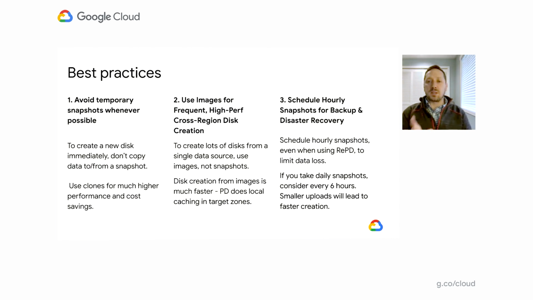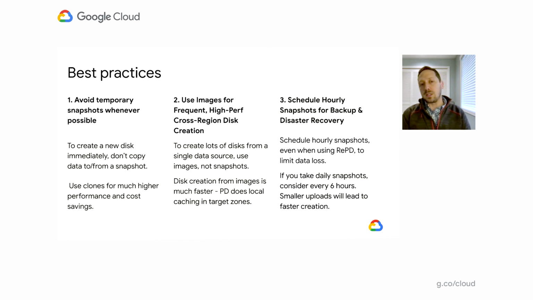The third best practice that we talked about in the context of regional persistent disk, but applies really everywhere, is to schedule hourly snapshots for backup and disaster recovery. So we have a built-in scheduled snapshots capability. This is a great way to limit any risk of data loss if there's, again, some outage or disaster or human error.